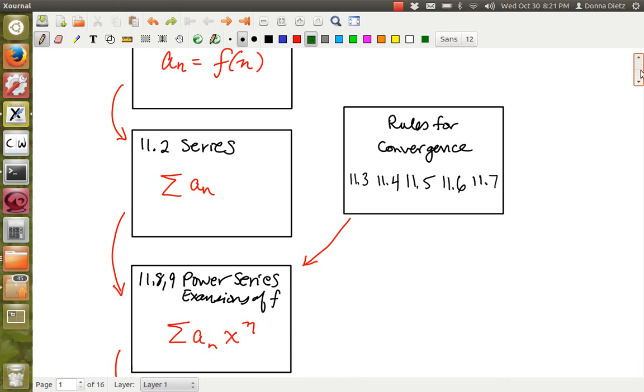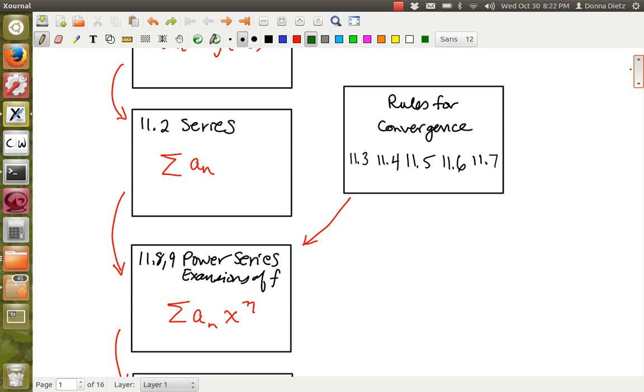Okay, in 11.2 we're talking about series, where we're adding things together. And in 11.3, 4, 5, 6, 7, it's all about rules for convergence. So we have to talk about what makes things converge or not. And then in 11.8 and 9, we're talking about power series expansions of a function.